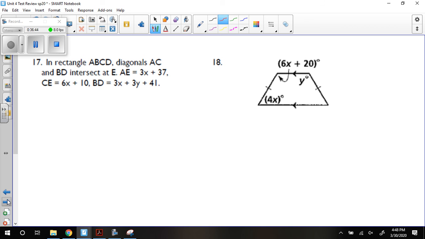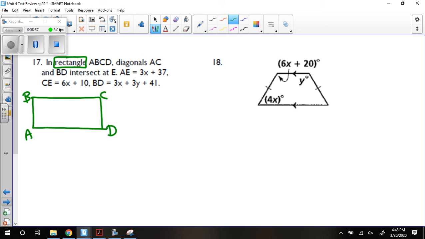Okay, in this one, I don't have to name the figure. They tell me it's a rectangle. So I'm going to draw my rectangle. We've got A, B, C, D. We have diagonals AC and BD. They intersect at point E. Okay, you are told that AE is 3x plus 37.